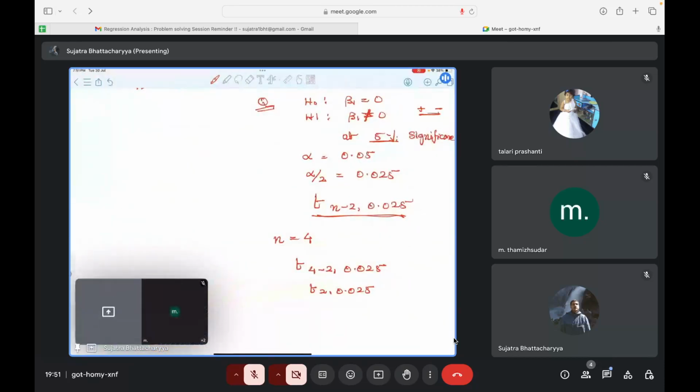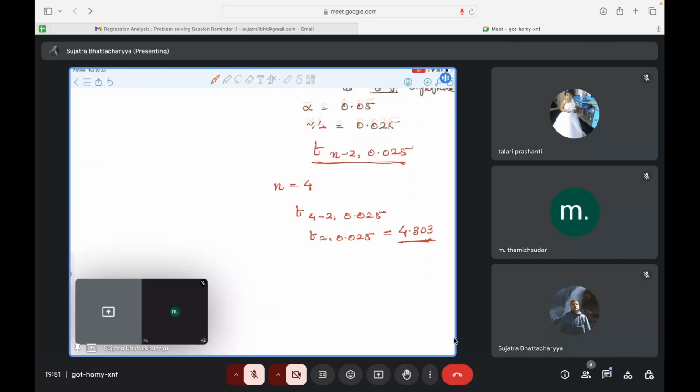Okay, so let's go here. I think there is something wrong in the tables. It is actually not that. It is actually 4.303. I will give you the actual table. I've taken it from the internet, it might be wrong. So it is actually 4.303.